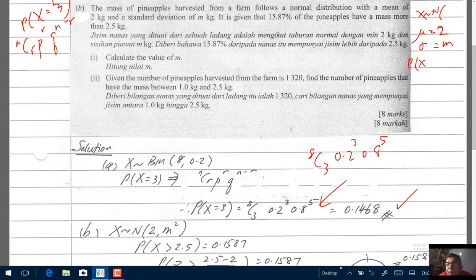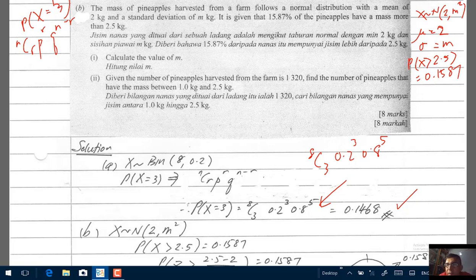It's normal with mean 2 and variance m squared. So we are given that 15.87% of the pineapples have a mass more than 2.5. So let's write the probability of x more than 2.5 equals 0.1587.